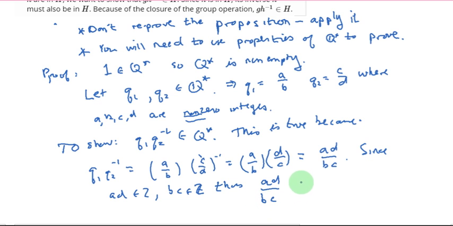This ad over bc is in Q star because it's a ratio of non-zero integers. I should say that it's also non-zero, and this is also non-zero. And ad over bc is also in Q star, and that finishes the proof. Okay, so that's all you had to do for that one.